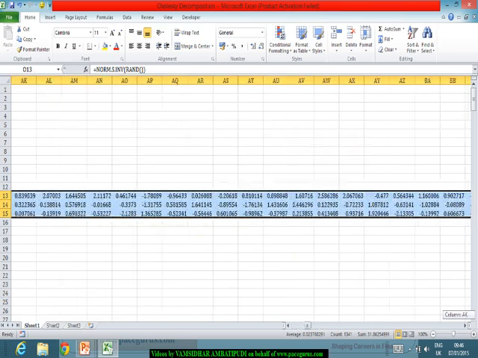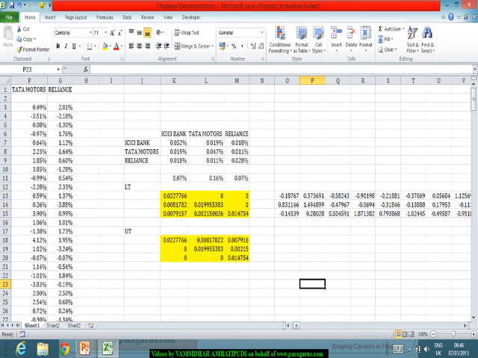So all these possibilities I really want to see. I want to generate the returns for ICICI Bank, Tata Motors and Reliance. Now what do I need to do?